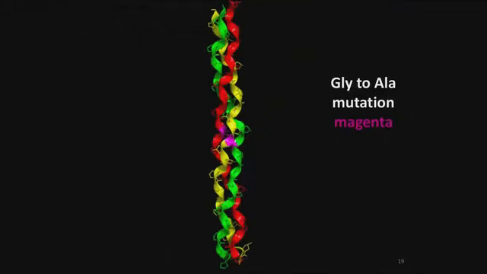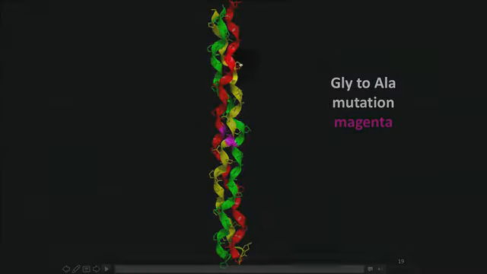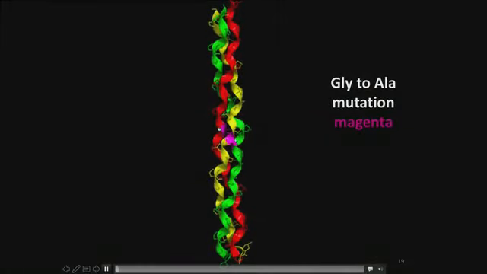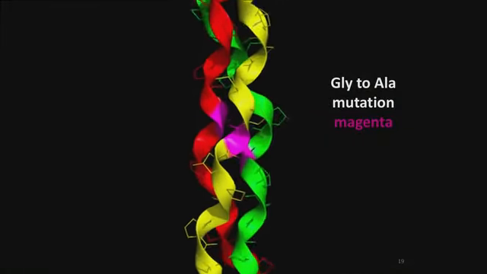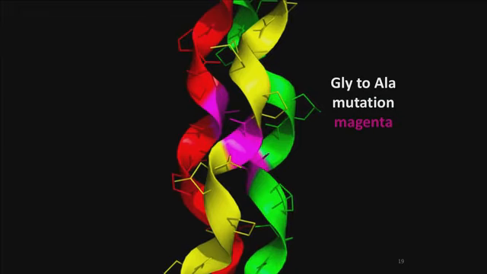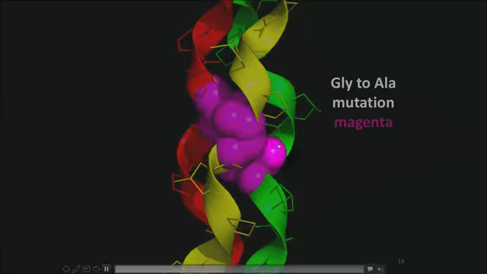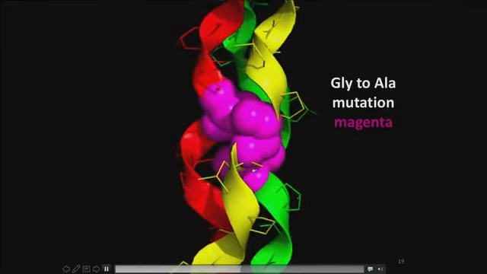So I'm going to show you this movie because it shows you right at the center of the structure. There are residues painted in pink. And what I'm going to do is show you a close up of that segment. If you look at those helices, they're all nicely organized except where that defect is. And that defect is caused by the change of a hydrogen to a methyl group on 3 residues that come together.